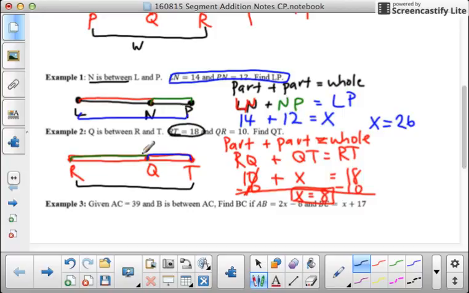They're telling me RT is 18, and QR is 10. They want me to find QT, so I made QT my X. This gave me 10 plus X equals 18. All I had to do is subtract 10 from both sides, X equals 8.